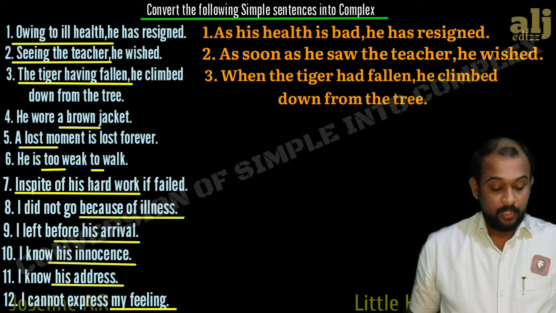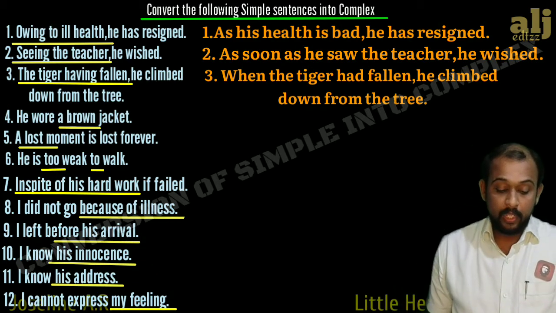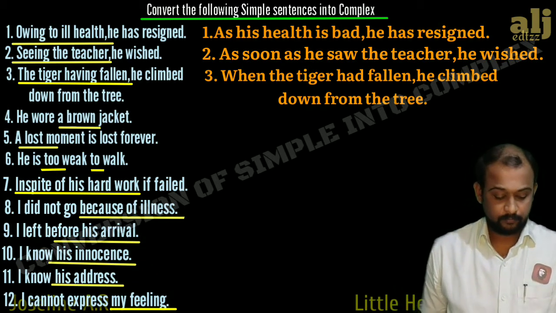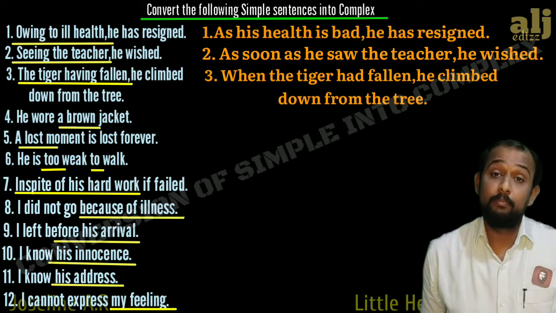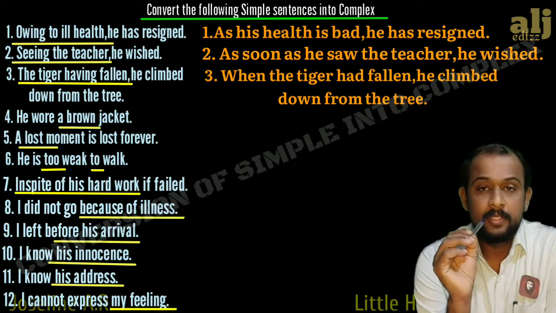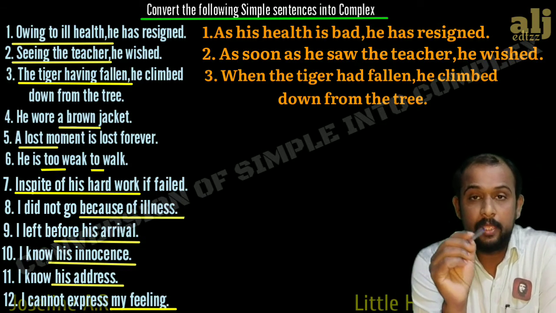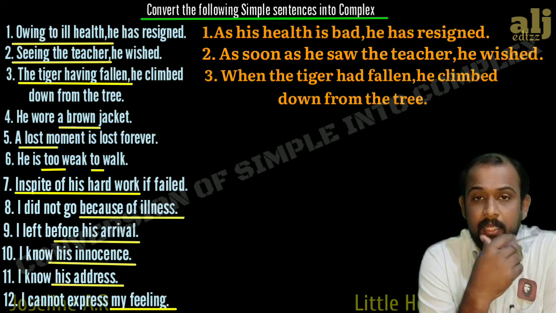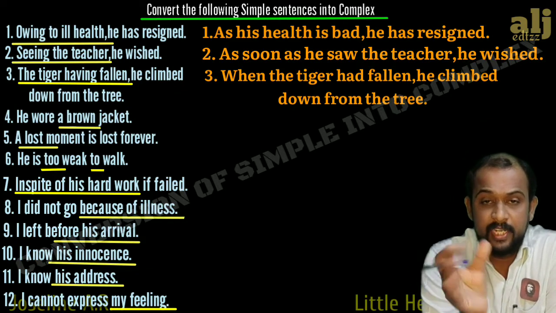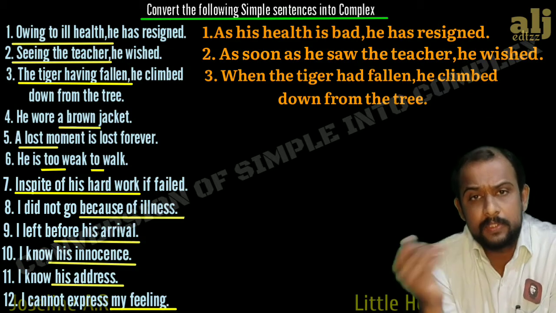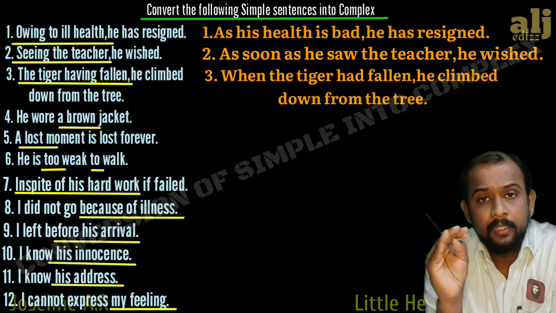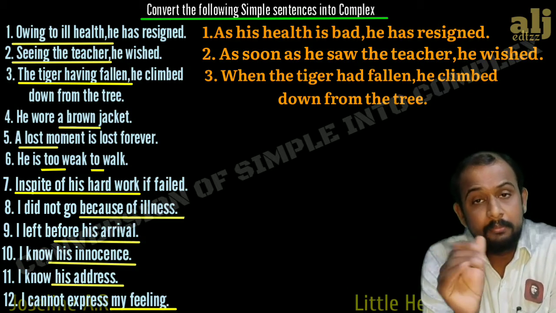Next, he wore a brown jacket. See here, he wore a jacket and the color of the jacket is brown. Brown is an adjective. You convert this into an adjective clause. It's very easy, no? He wore a jacket is the main clause. Brown is an adjective.